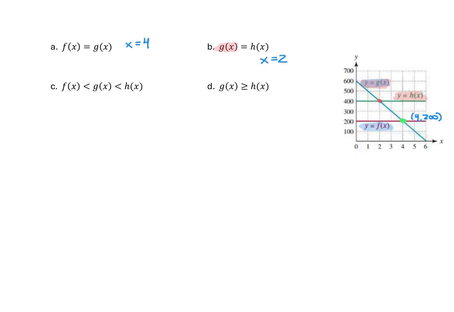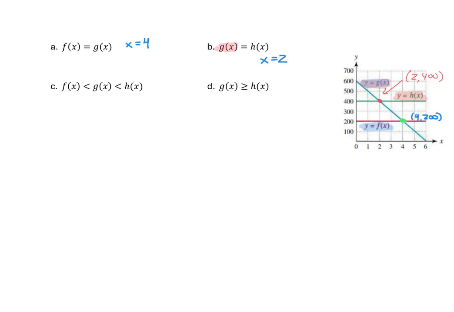Again, we do have a point (2, 400) if you just want to identify both of these points. We don't care about the y values. We really only care about the x values. But it doesn't hurt if you write more things out than you need.